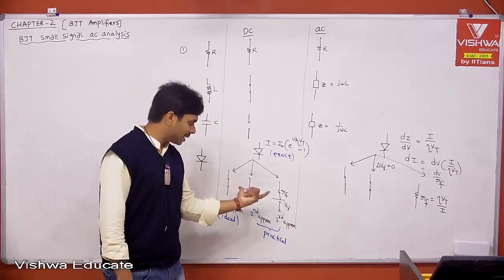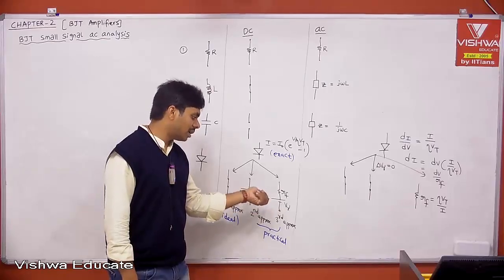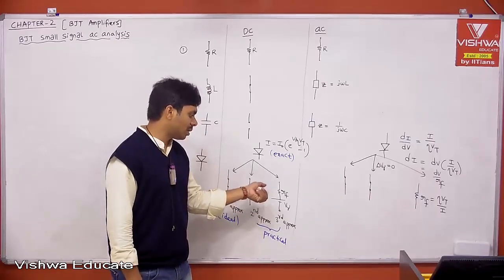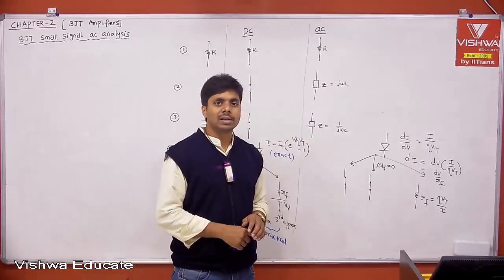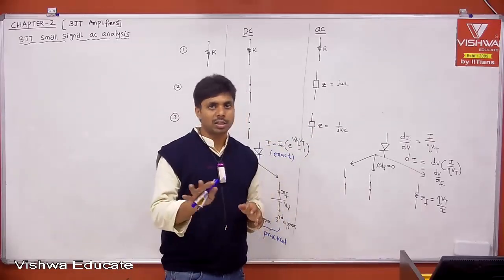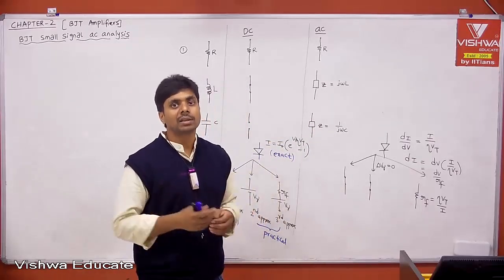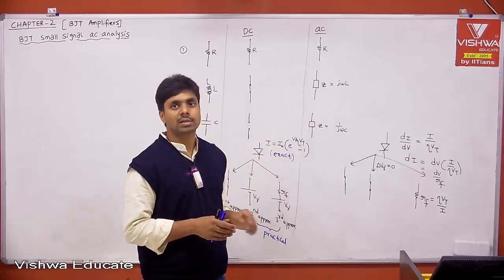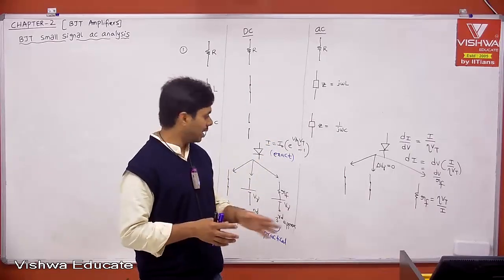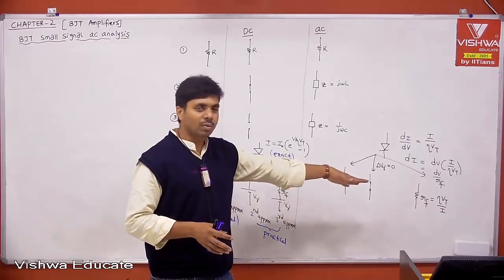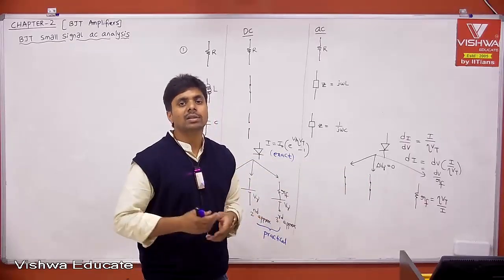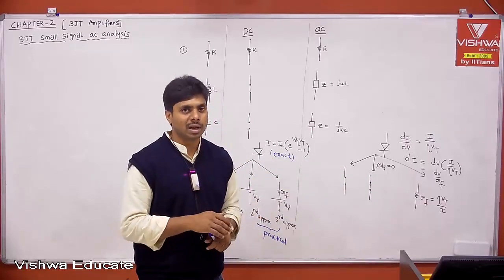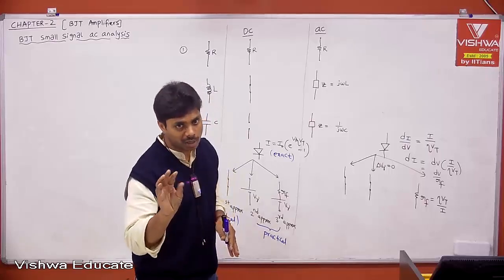Therefore, now it is acting as a battery, or the opposition by the depletion region. That is not required in the AC analysis. That doesn't mean that we are shorting it. We are not taking that into account while doing AC analysis. Inherently that is present, but not required to show in AC analysis. Even though you show, doesn't matter, but that is not having any significance for AC analysis. Give me some time, you will understand.